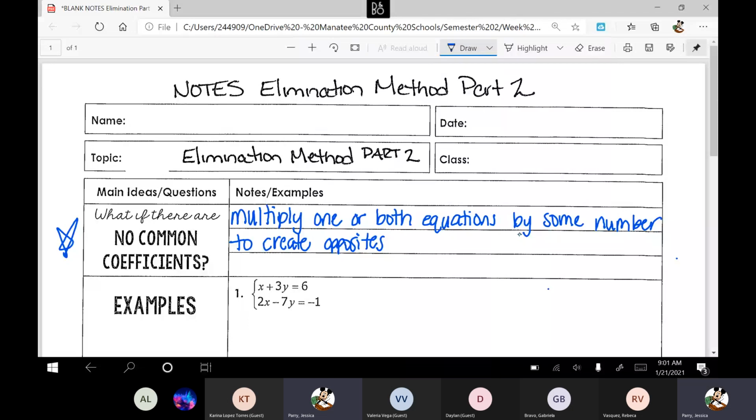So one variable is eliminated. And other variable can be solved.